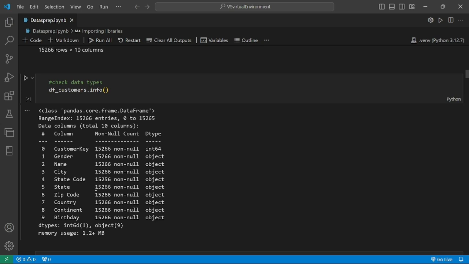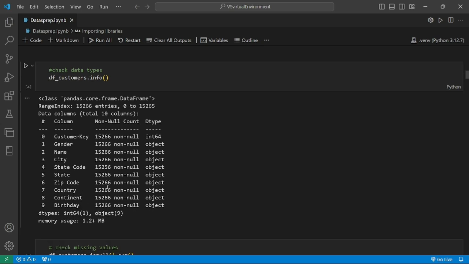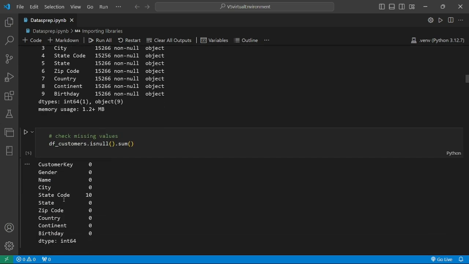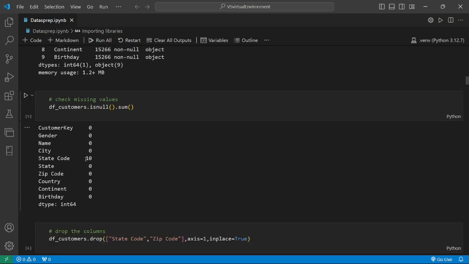First, it has a total of 15266 entries, but there is no gender. We have null values in state code. So now we are checking which columns in the data frame have null values, and it shows state code. I already told you that.